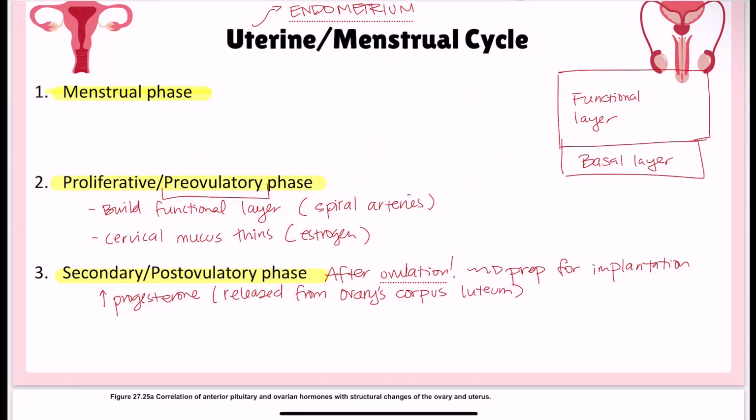And that functional layer is making lots and lots of nutrients and releasing them into the uterus. So lots of nutrients from the functional layer. And that's because we're trying to be able to support that potentially fertilized egg as it arrives. The other thing that happens is that the cervical mucus will thicken again.